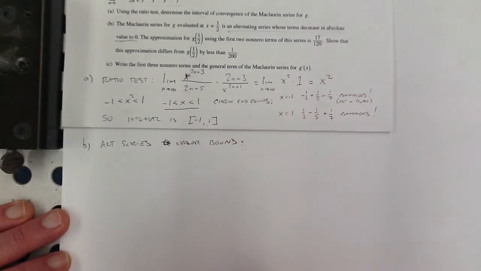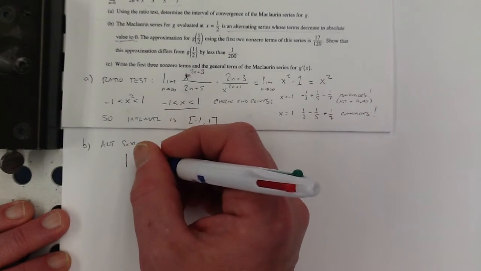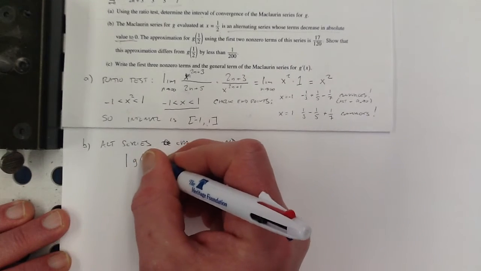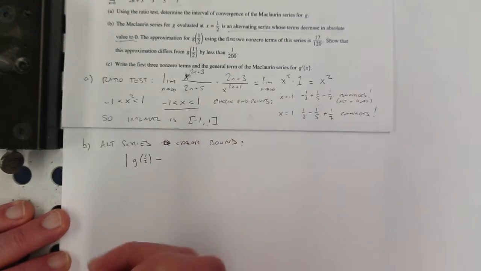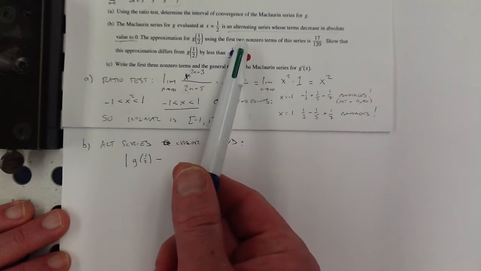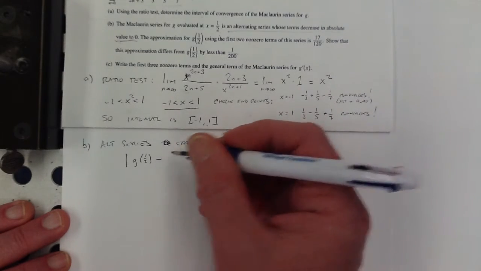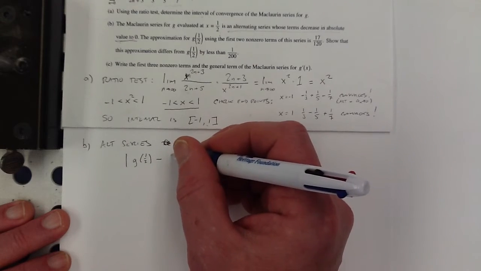So here alternating series error bound says that the actual value of the function, which is g of 1/2, minus the approximation using the first 2 non-zero terms, which is, there's lots of different ways you could write that out, but I'm just going to write it out.